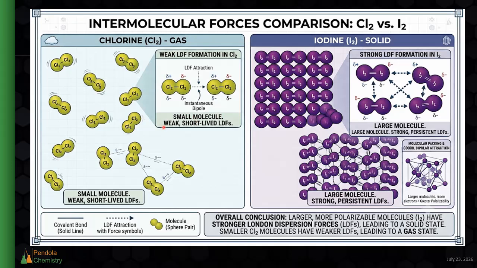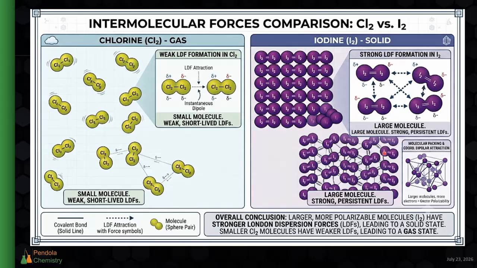Small molecules mean weaker, short-lived London dispersion forces, which are much easier to break, so these chlorine molecules are more free to move away from each other. Iodine, on the other hand, is a solid. Why? Because the iodine atoms are larger. And this is not a double bond, by the way, just a single bond. It's just shown a little weird. They have strong, persistent London dispersion forces because of that larger size, and so they're harder to break, keeping iodine as a solid.